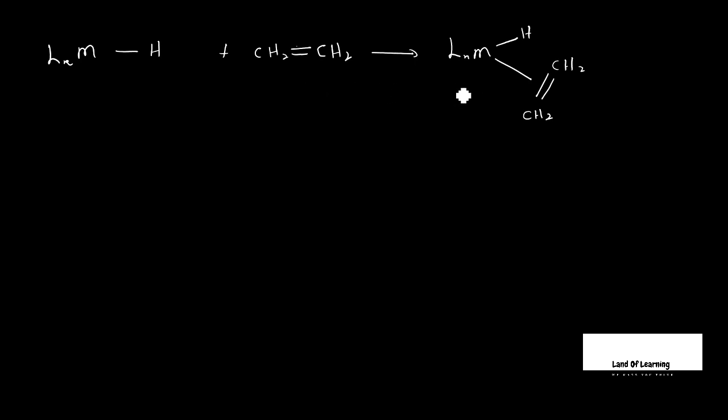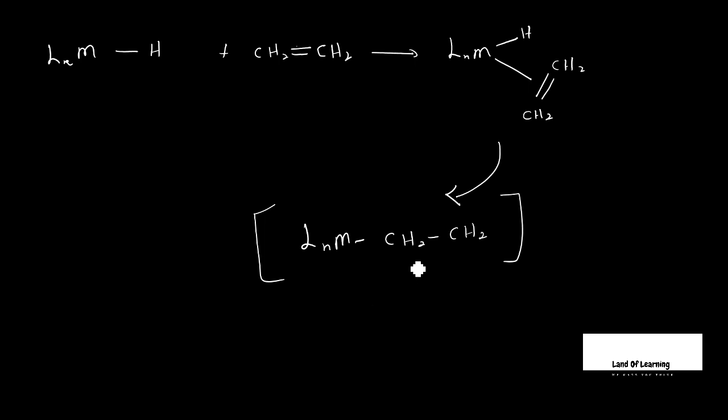So the first step must always be that the inserted ligand has to be connected to our metal center, and then we can have the insertion, with hydrogen coming into our alkene group. So LnM CH2CH2. This is our final product, right?